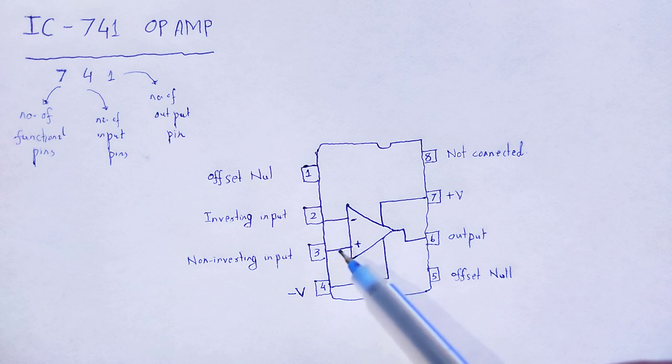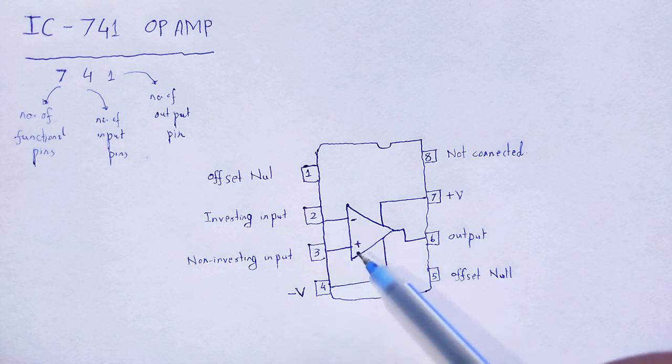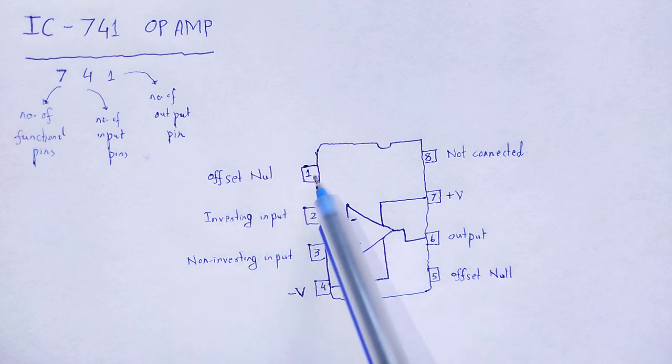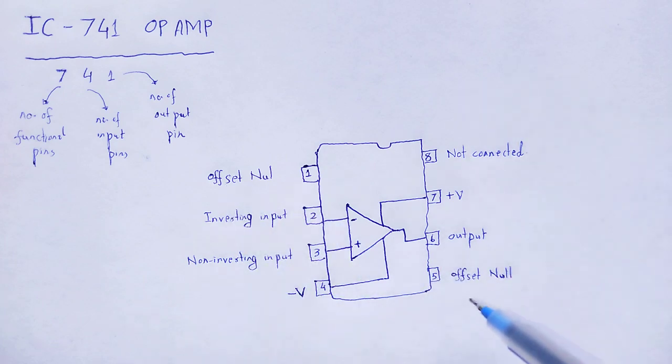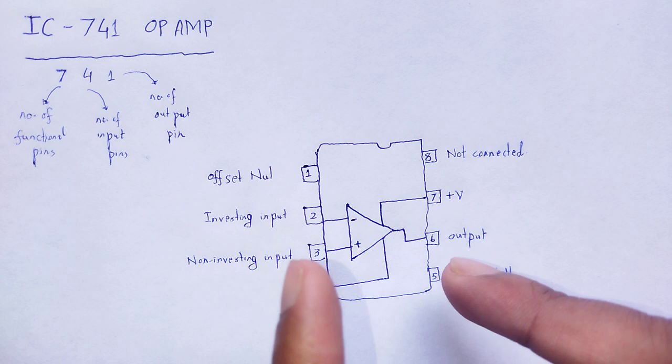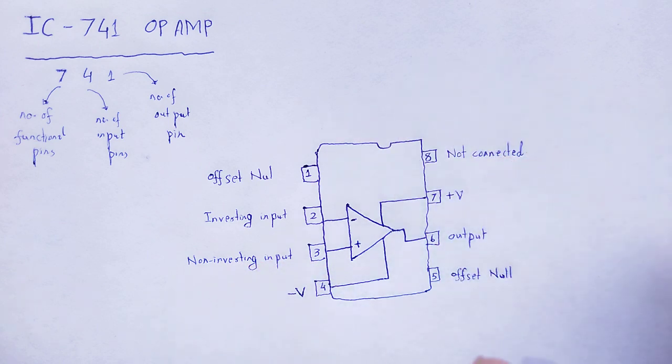Now that offset voltage in a practical op amp can be eliminated by using the two offset null terminals and a potentiometer. That potentiometer we call a trim potentiometer.